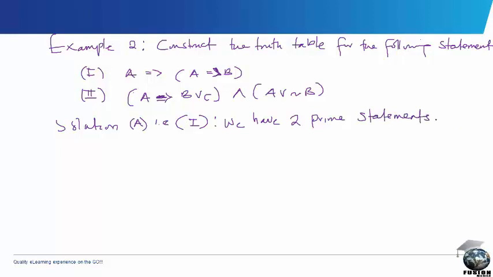That is, they are A and B. And so we have to find out the possible combination of the outcomes of combining the two of them, A and B.